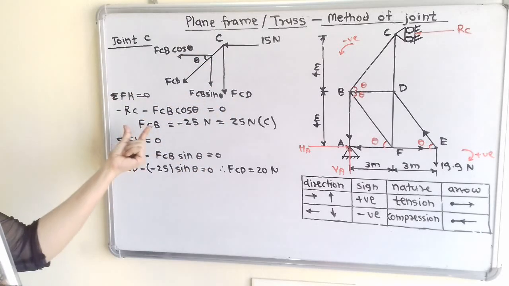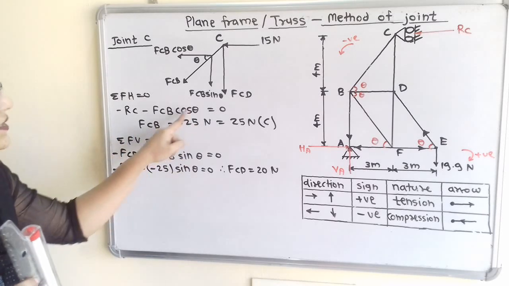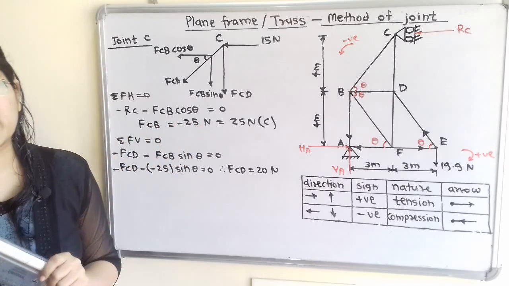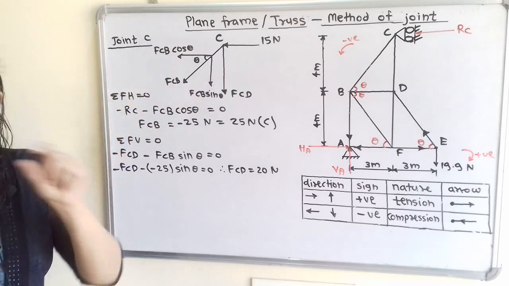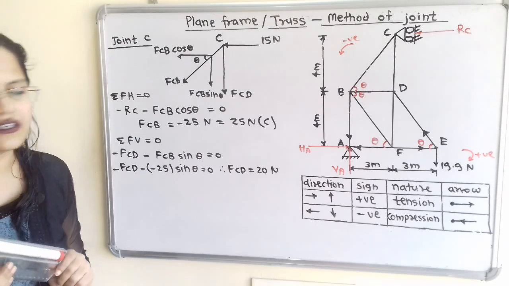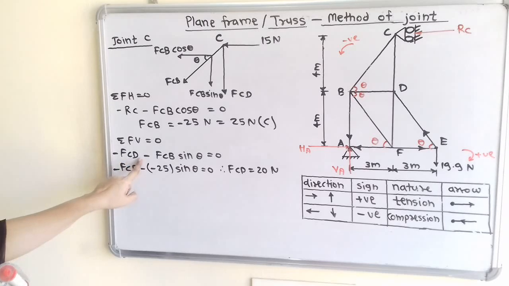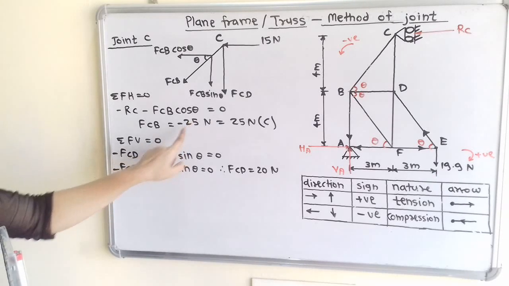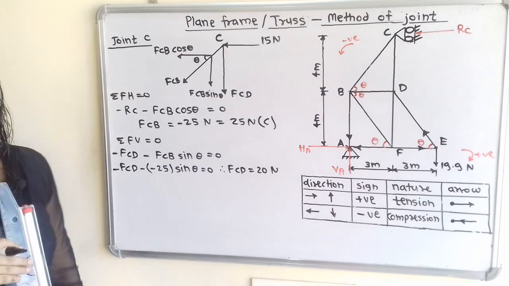Now here for FCB, we have to use the previous answer in terms of negative sign, because we have considered here the direction for all the members, that is the same direction, outward direction. So we have to use this negative sign. So minus FCD, minus as it is, and instead of FCB we will use here minus 25 sin theta is equal to 0. So this step is important.